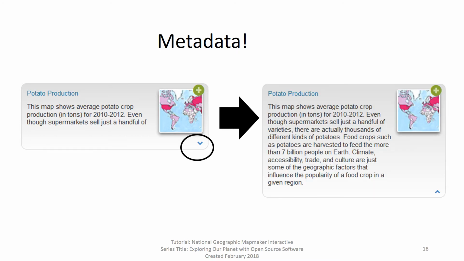"Even though supermarkets sell just a handful of varieties, there are actually thousands of different kinds of potatoes." You can also add typographical data, video, and image links to the map. We will cover these in subsequent tutorials, but National Geographic Mapmaker also covers these extensively in its help videos.